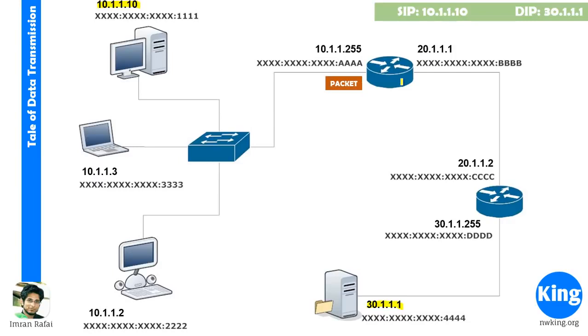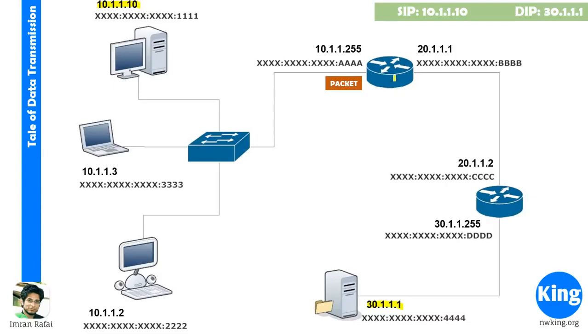Now we have not done routing so far, so we don't know how routing works, but just to understand, routing is where devices communicate with each other. In this case, this router is connected to the 30.1.1 network, so it would have told the other router that if you get any packet for 30.1.1.1, please forward it to me.